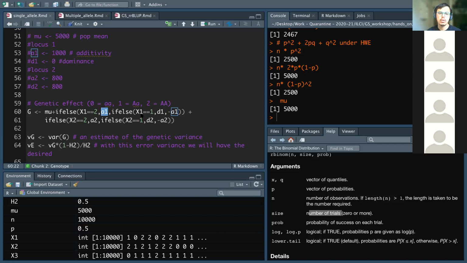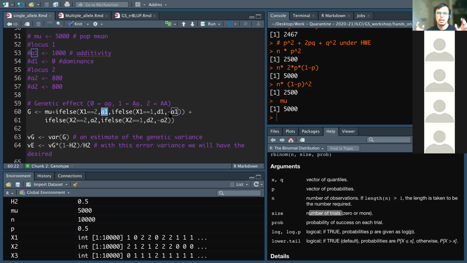And if the locus doesn't have 2 or 1, it's because it has 0, so it's homozygous for the recessive allele, and the contribution to the phenotype is going to be the negative A1.